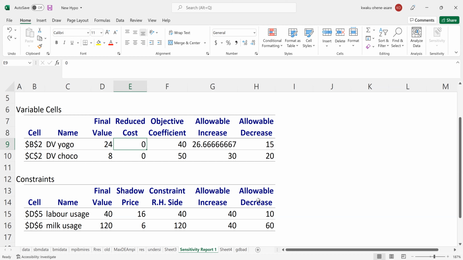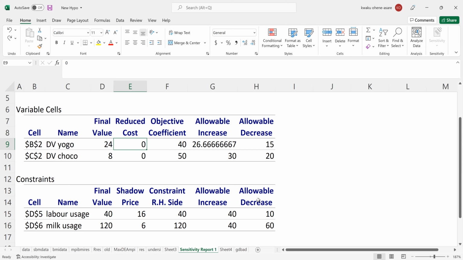So the moment the reduced cost value becomes, in absolute value, positive, what it means, but of course, in a maximization, remember the value is negative, okay, but I'm saying absolute value. Let's say that it becomes -10. What it means is that the value of Fan Yogo at that point will be zero, which means you shouldn't produce Fan Yogo. Why? Because if you produce it, you will incur an opportunity cost of 10. And therefore, you should not.